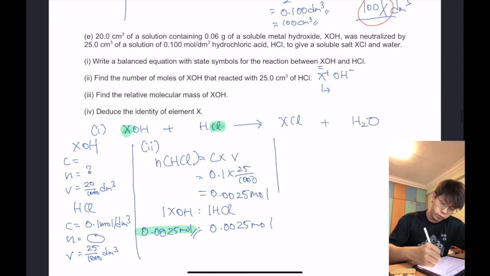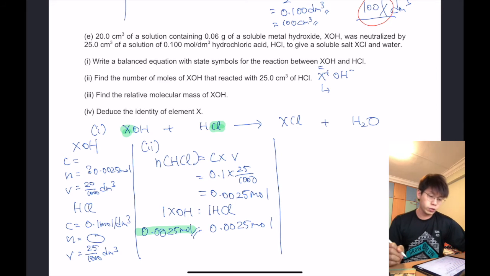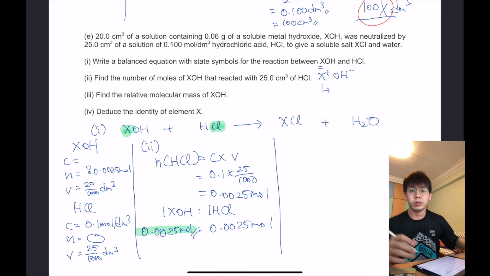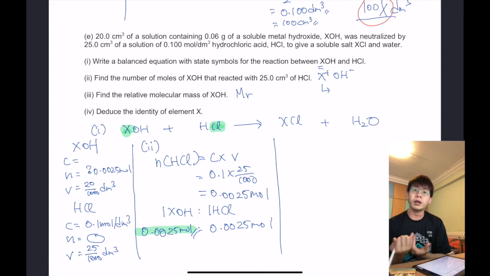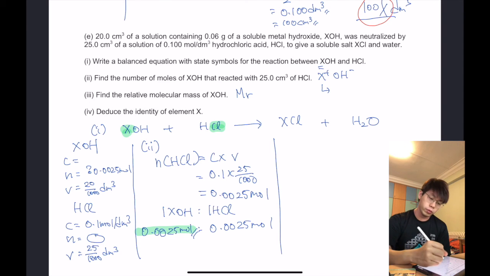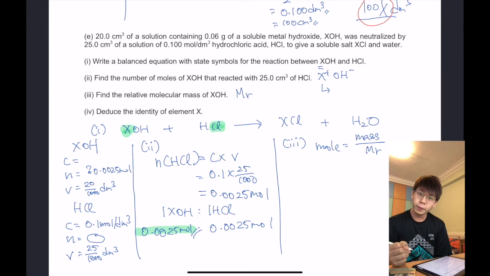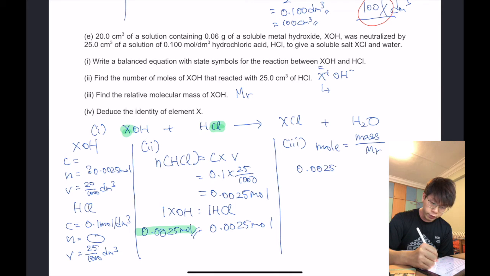Okay? So now I found out that 0.0025 moles of XOH reacted. So now calculate the relative molecular mass of XOH. What's relative molecular mass? Yes, it is Mr. So what equation do I know that has Mr inside? The equation from the previous chapter, right? Mole is equals to mass divided by Mr. So do I know the number of moles of XOH? Yes, I just calculated that, 0.0025 moles.